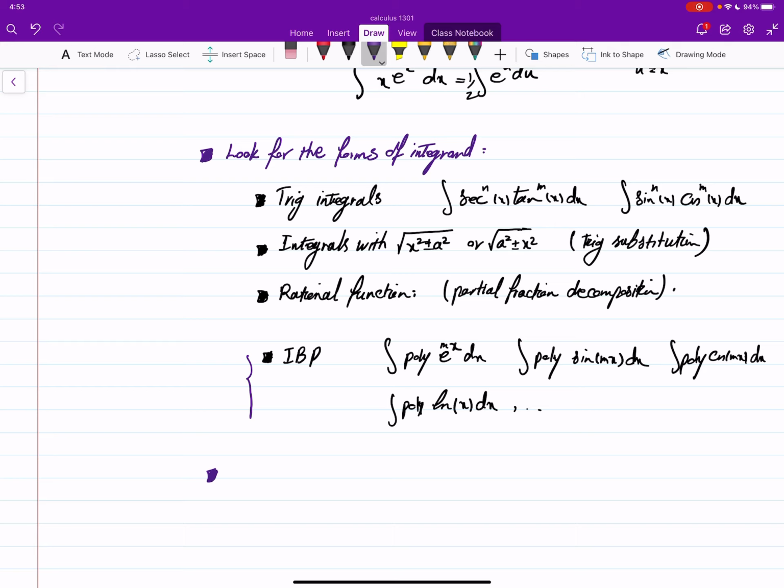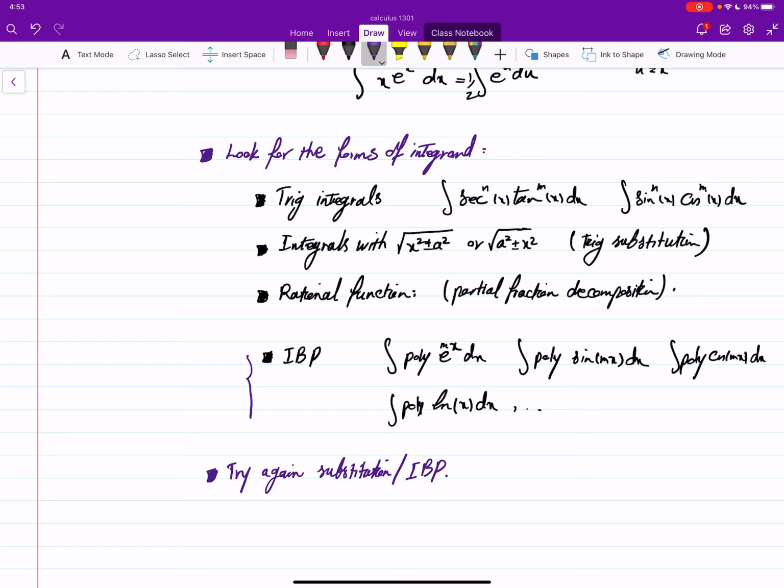Now try more difficult ones. So try substitution and integration by parts again. The others are not techniques. The others are just different forms. But these two are the ones that you can work a little bit more with.